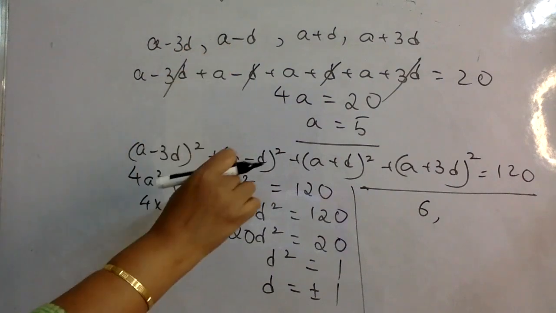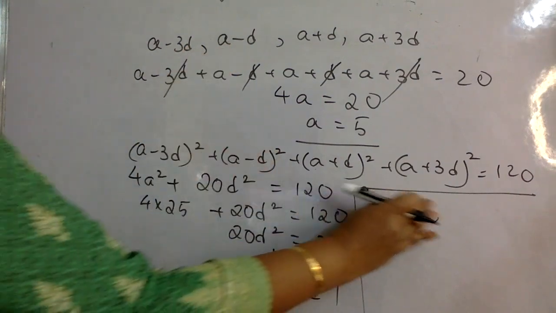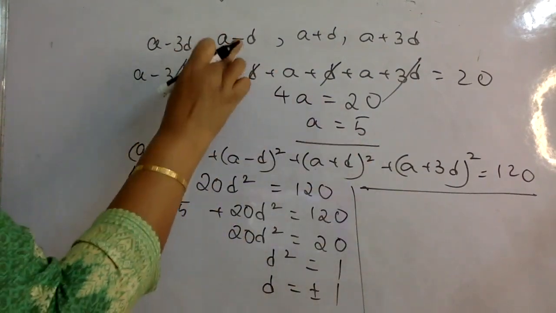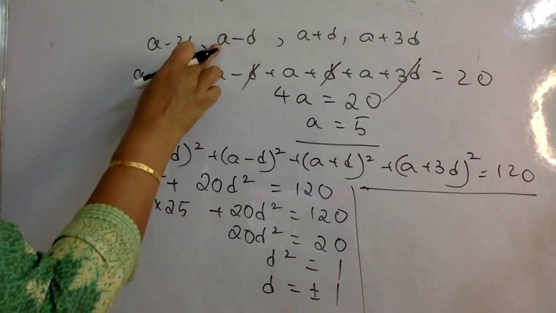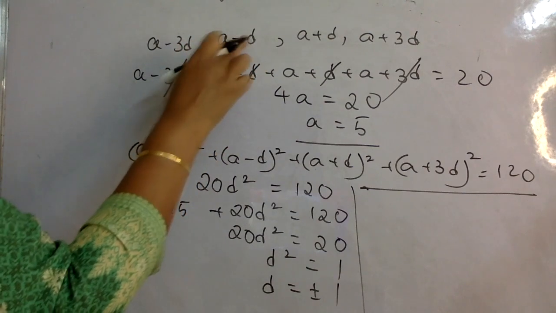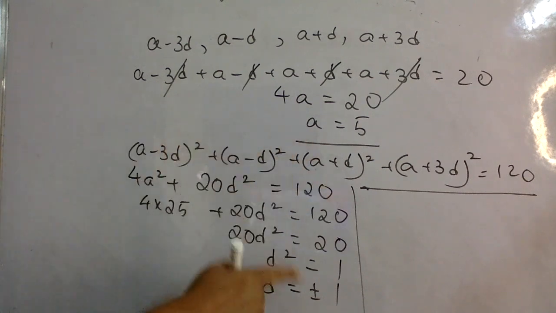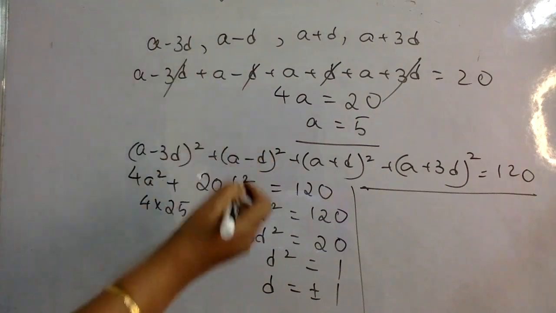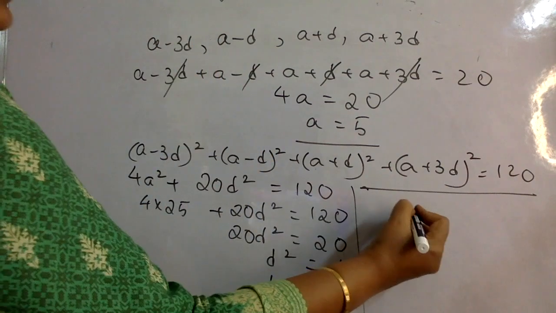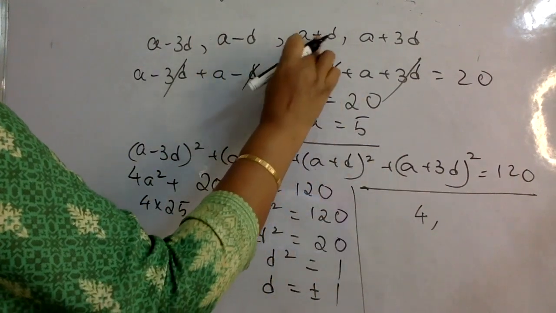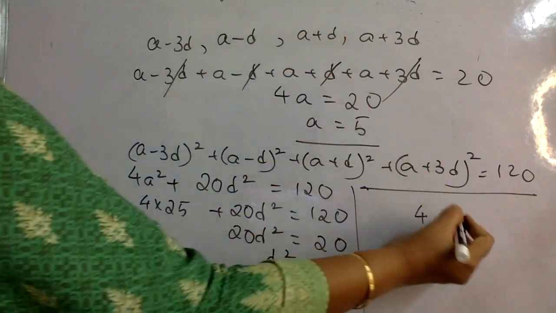Let me take the first term first. It is 5. If I take D as plus 1, then A minus D makes it A minus 1, because I have taken the plus 1 value of D. So it gives me 4. This is A plus D, 5 plus 1, 6.